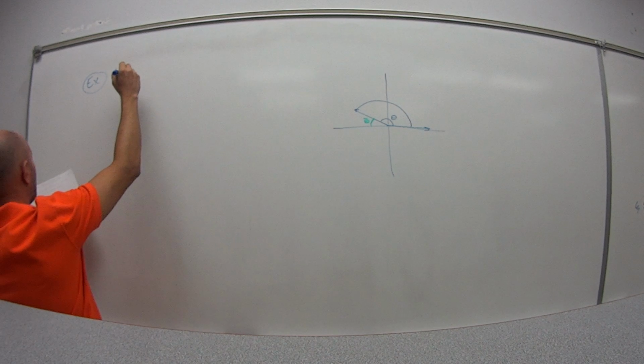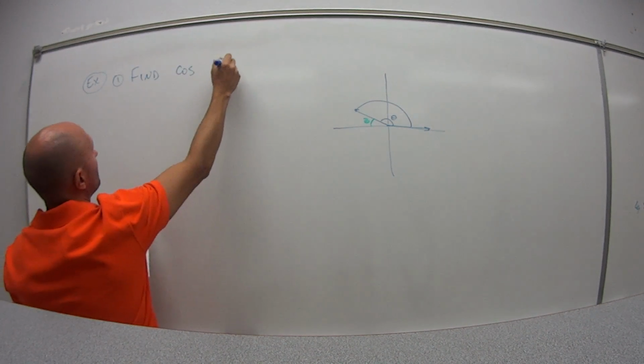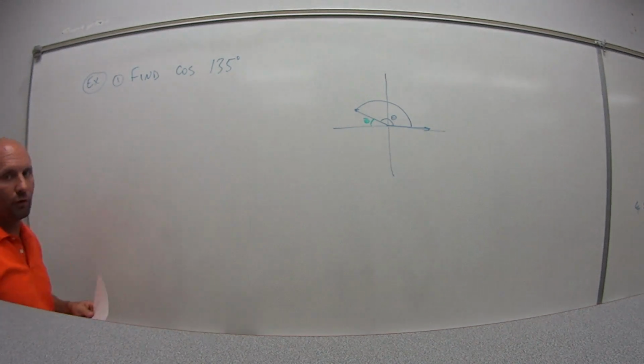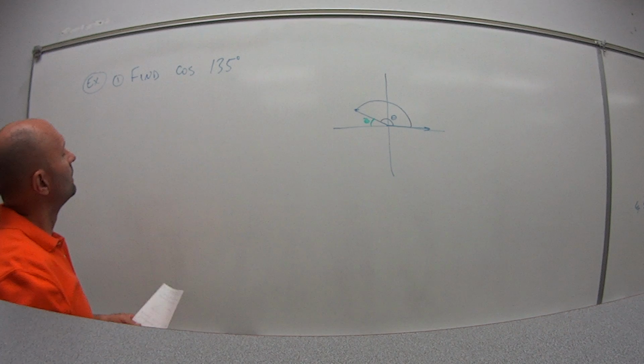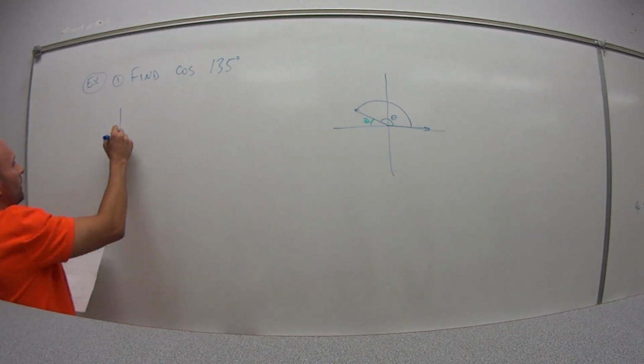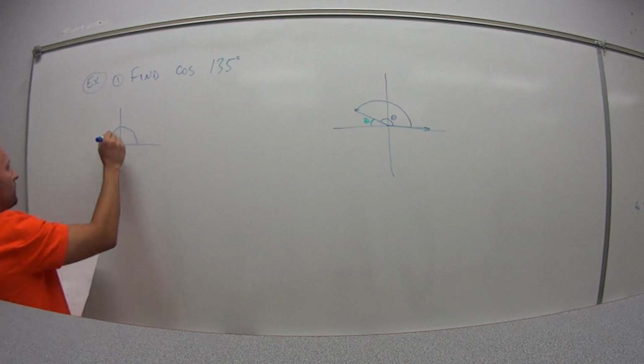Let's say we want to find cosine of 135 degrees. If we draw our angle here, 90 plus 45 puts us over here.